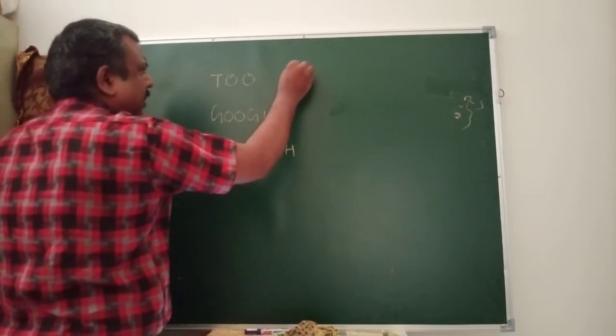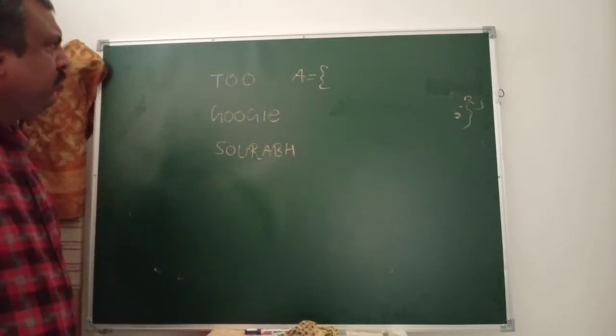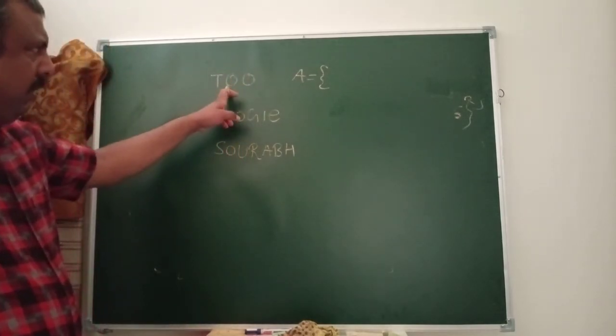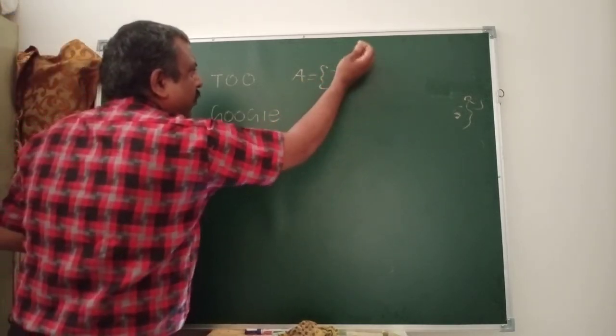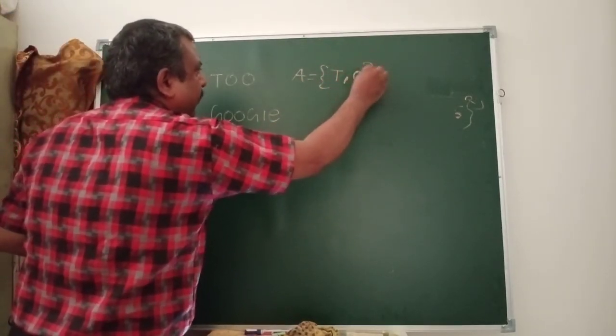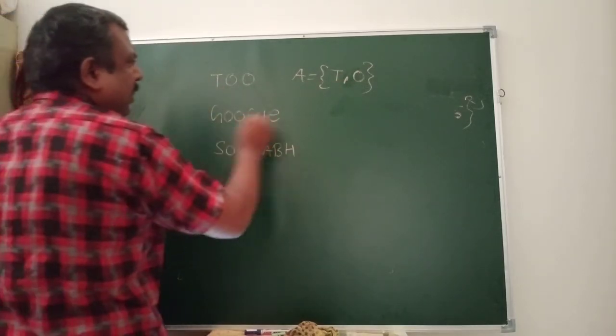Suppose I am making a set A of these alphabets, so there is no need to write a letter the second time. So simply, it is the collection of the alphabets of the word.